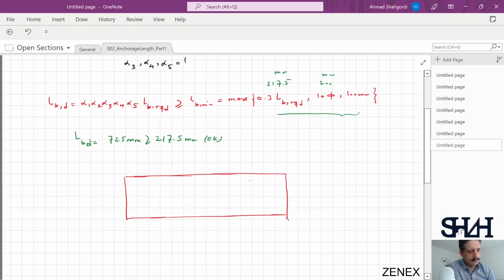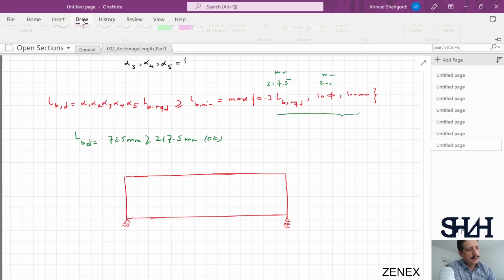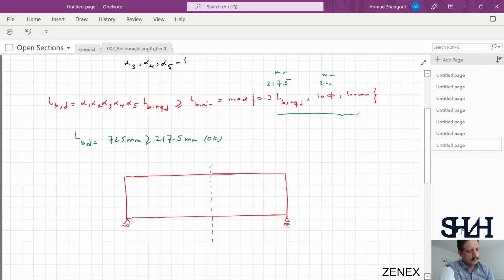If this is your beam, it is not to scale. The maximum stress would always happen in the center if the beam is under distributed load or vertical load symmetrically. So this is the maximum bending moment.